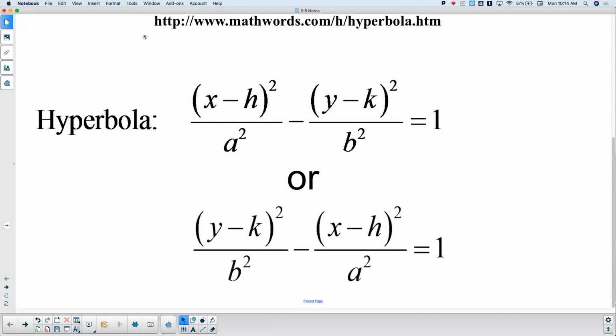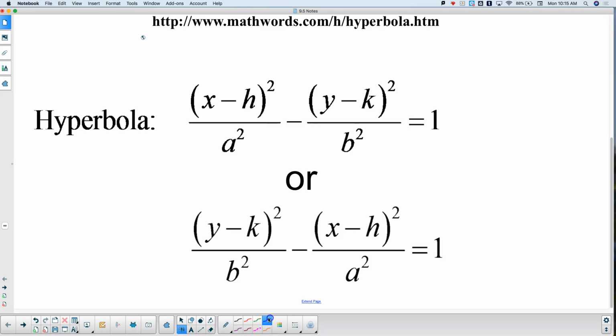So the two equations are x minus h quantity squared divided by a squared minus, notice how this one's minus. Circles was plus, ellipses was plus, hyperbolas minus. y minus k quantity squared divided by b squared equals 1. And that, ladies and gentlemen, is for a left-right hyperbola.